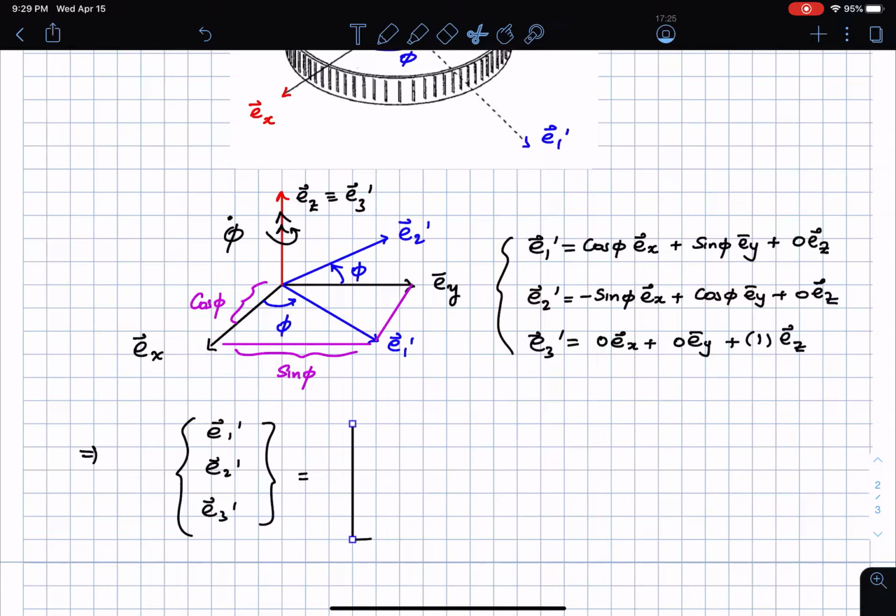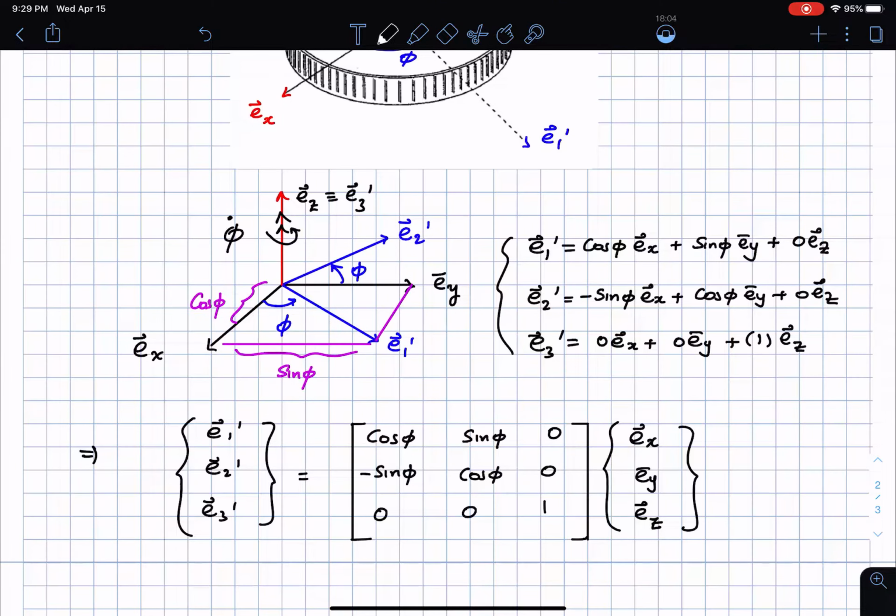Here is my matrix, which I'm going to write as cosine phi, sine phi, 0; minus sine phi, cosine phi, 0; 0, 0, and then 1. And this will be multiplied by the unit vectors EX, EY, EZ.